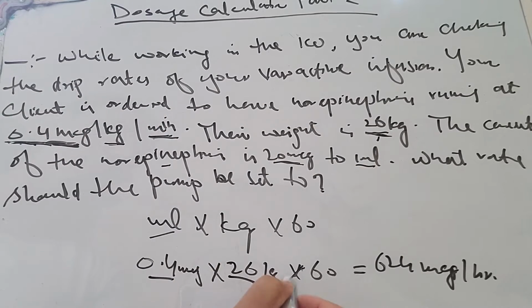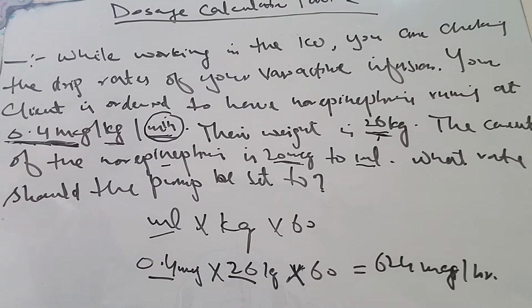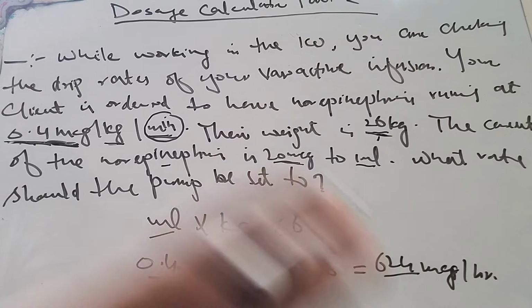And then we also take 60 because they write per minute. We want the dose per hour. So multiply 60. So our desired dose came 624 microgram per hour.